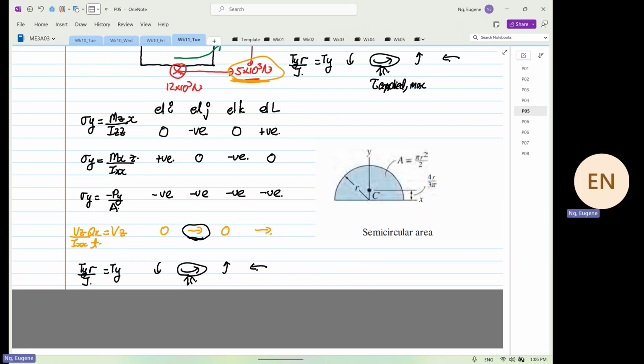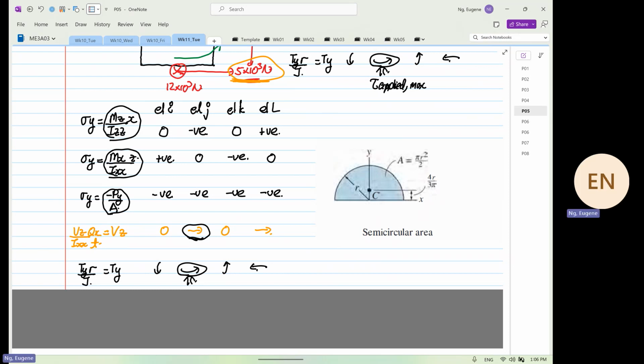But we have to now determine what all these values are now. Are we clear? Right? Then we can pin down on which one will have the highest normal stress. For now, okay, I don't know.